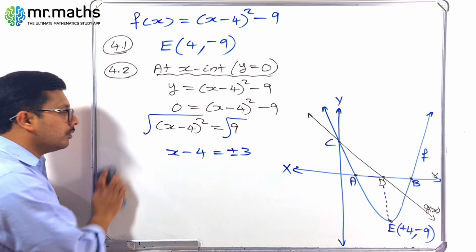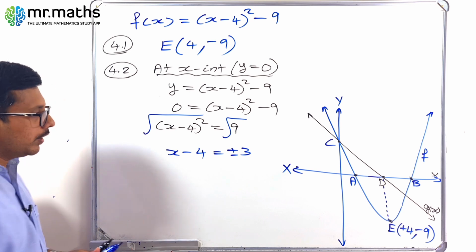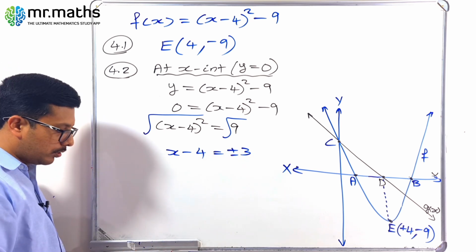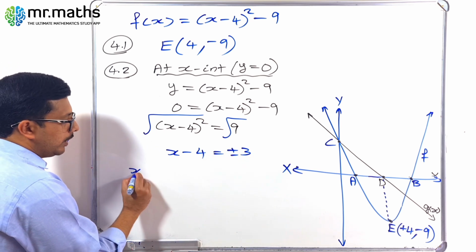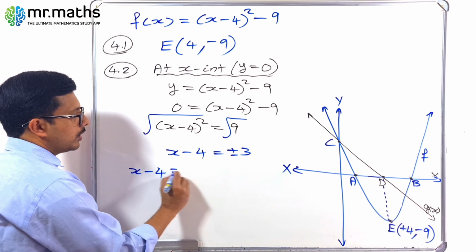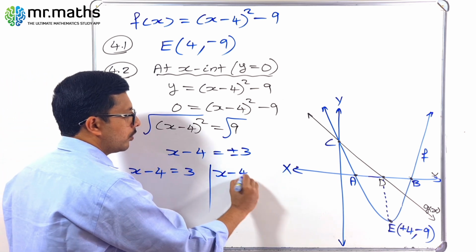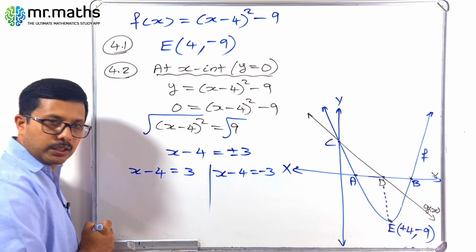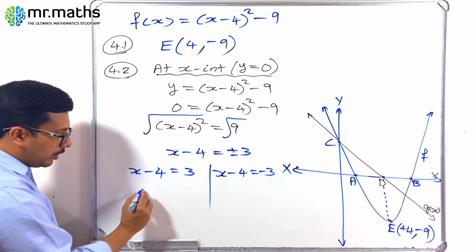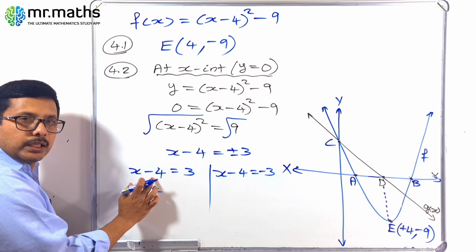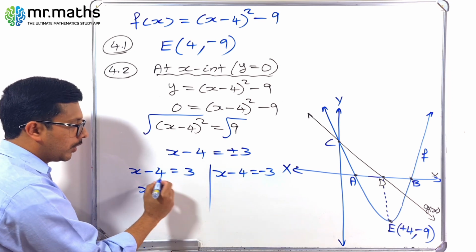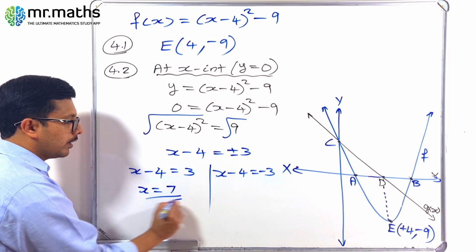Okay, so now first we can consider the positive case. It means that x minus 4 is equal to either positive 3, or x minus 4 is equal to negative 3. So x minus 4 is equal to 3. So what is x? Take this minus 4 to the other side. So 3 plus 4, that is 7.